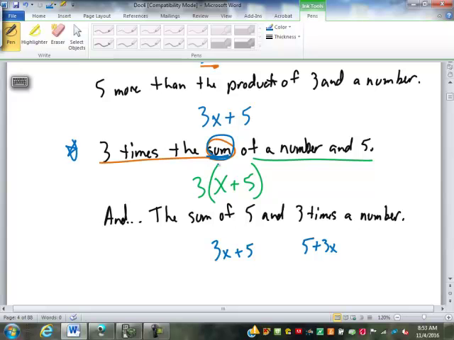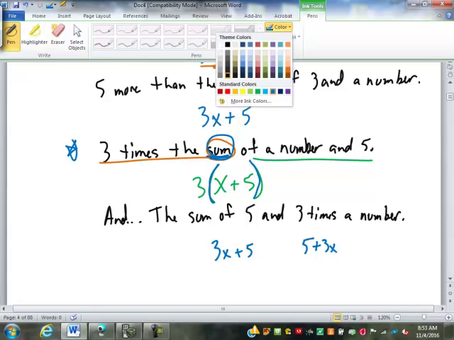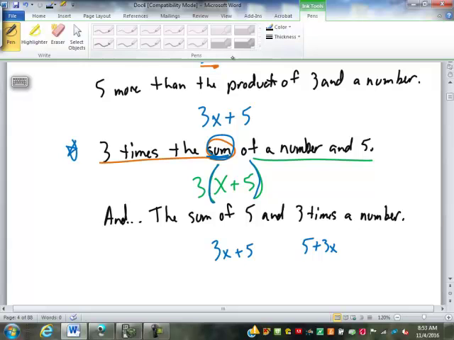So to make sure that we do the addition first, we have to put the parentheses around the x plus 5. That's saying add those first, then multiply by 3. It's a very subtle difference. Anybody have all 5 of those right? Okay.